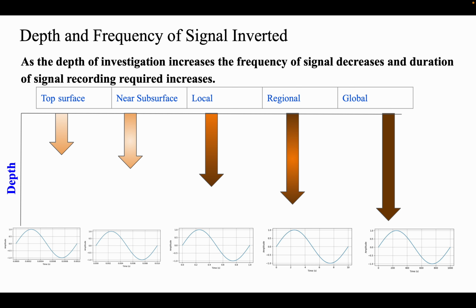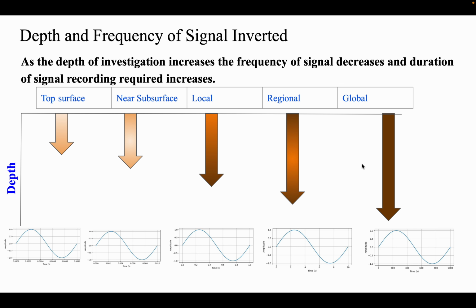So on this vertical axis I have written depth, and you can see this arrow length is basically denoting the wavelength which is used to map the depth. If we are mapping shallower depth, then we are using smaller wavelength. Okay, that means higher frequency, right?